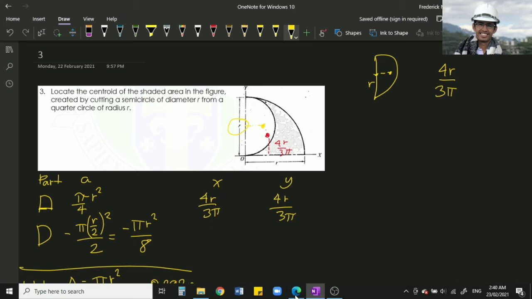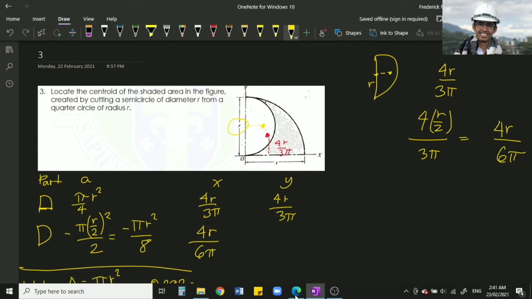Okay? Kasi diameter yung r natin dito. So, that will be 4. So, yung radius natin ng semicircle, that will be r over 2. Okay? Over 3 pi. Okay? So, therefore, yung bar x natin for the semicircle will be 4r over, so 2 times 3, so that will be 6 pi. Okay? So, this will be 4r over 6 pi.